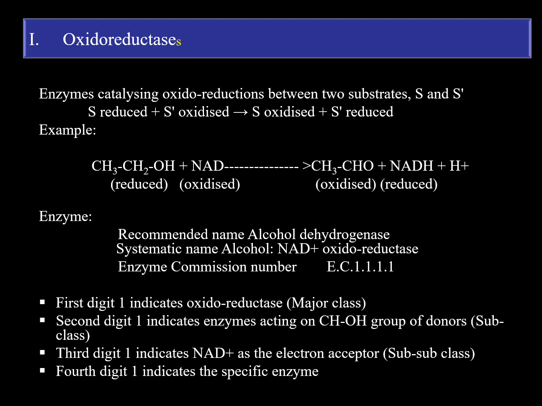The first class is oxidoreductases. These enzymes catalyze oxidation and reduction reactions between two substrates. One substrate is oxidized and the other substrate is reduced. In simple words, oxidoreductases help in electron transfer reactions, which are very common in energy metabolism and respiration.